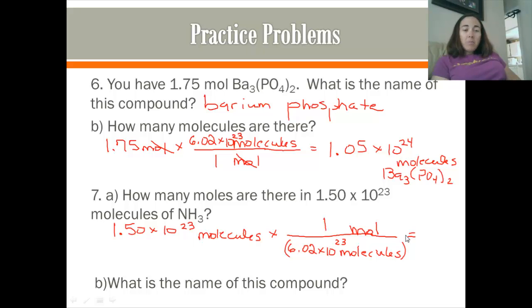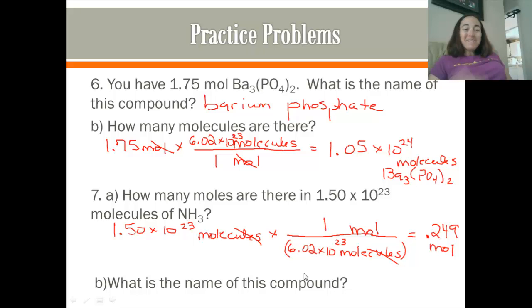You're going to type in 1.5 times 10 to the 23rd times 1 divide by 6.02 times 10 to the 23rd. And you do get a long string of numbers here, but the molecules have canceled out. Our answer is going to be in the units of moles, and I'm going to put 0.249 as my answer. 0.249 moles of this compound.